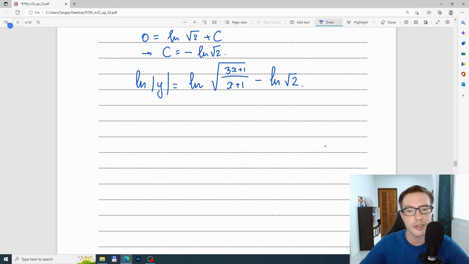Now again, on the right side, we have a difference of two logs. That means we can divide whatever is under the natural log. Now, because I'm dividing, this square root of 2 will go at the bottom of the fraction.